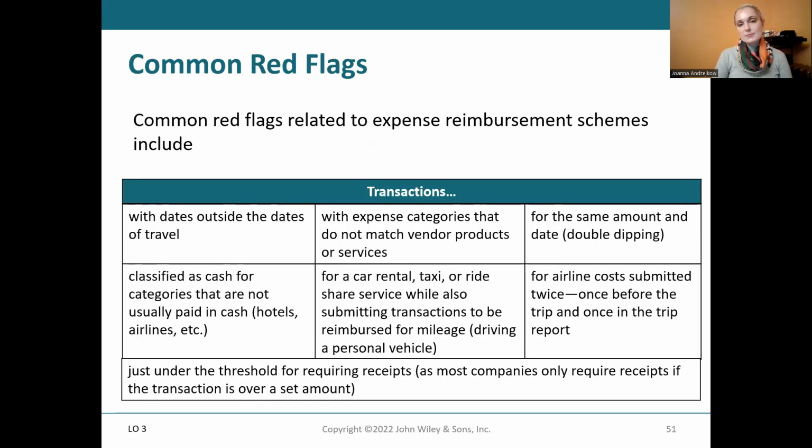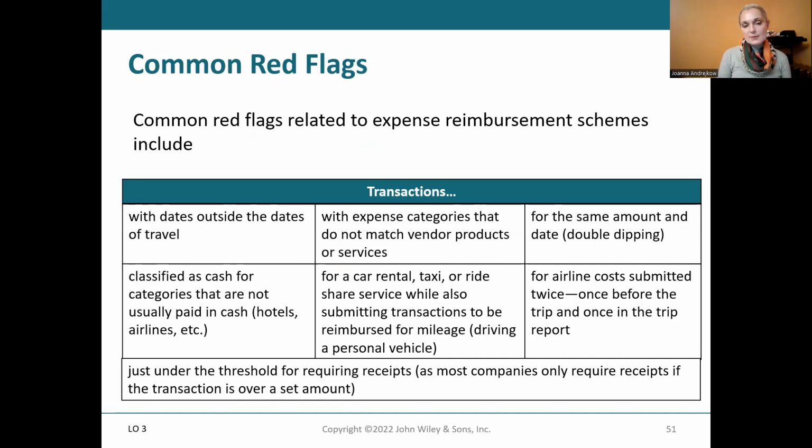Common red flags related to expense reimbursements are dates outside the date of travel, expense categories that do not match vendors or services, or the same amount and date, which would signify double dipping.